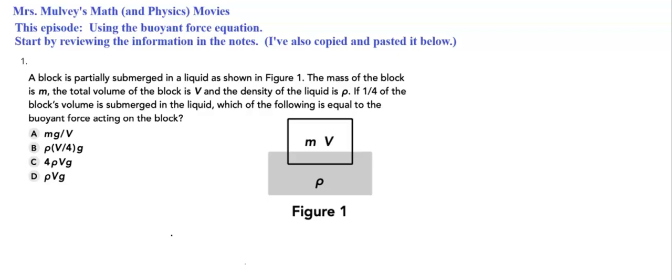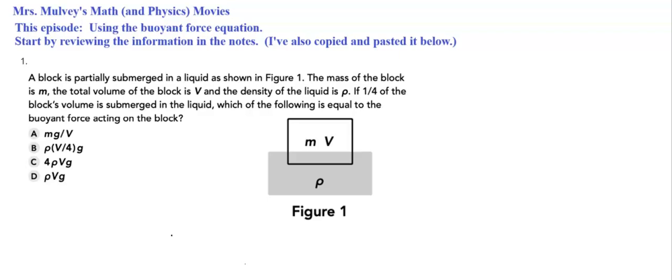In my first example, I've got a block that is only partially submerged in a liquid. Mass of the block is m, volume of the block is v, and density of the liquid is rho.